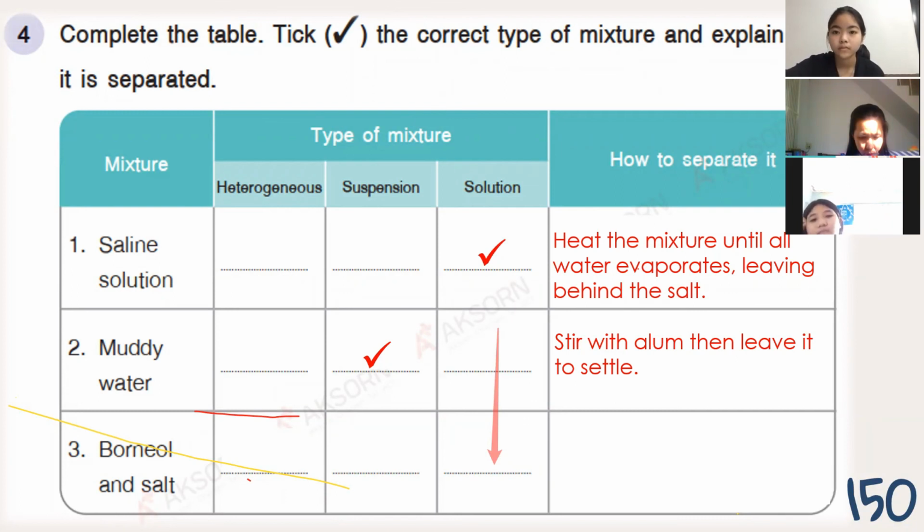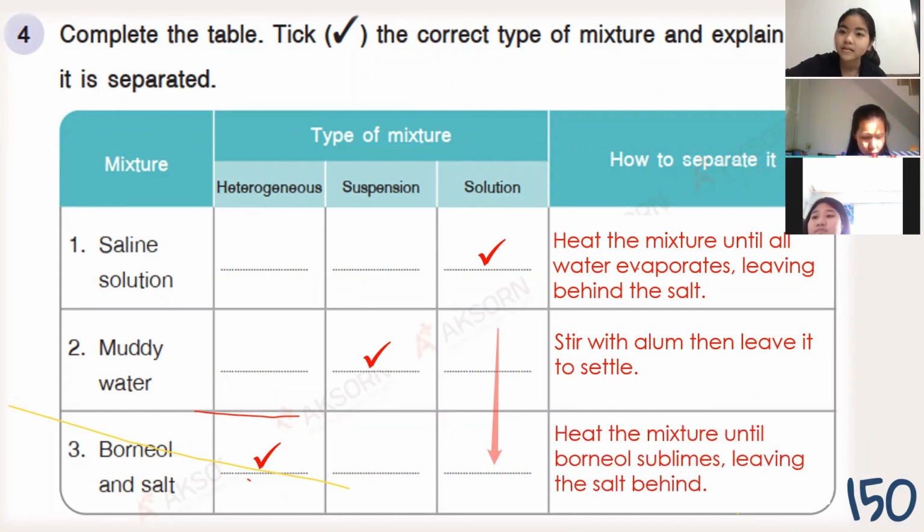Is it heterogeneous, suspension, or solution? Borneol and salt is the same with camphor and salt. It is heterogeneous. And the same with number 1, you have to heat the mixture until borneol sublimes, leaving the salt behind.